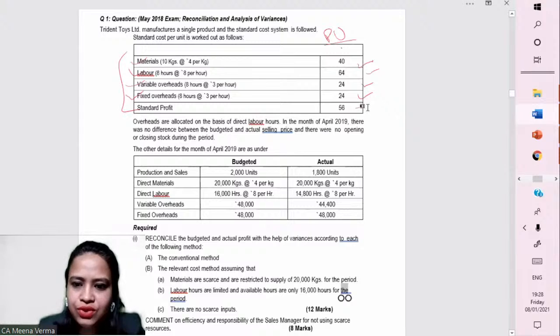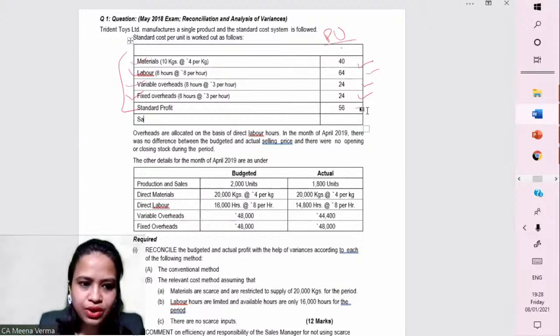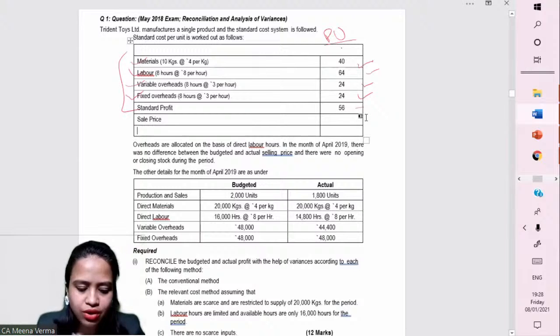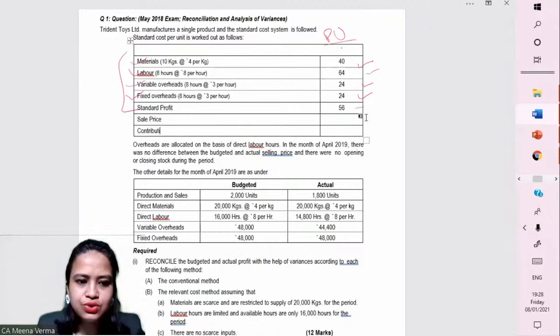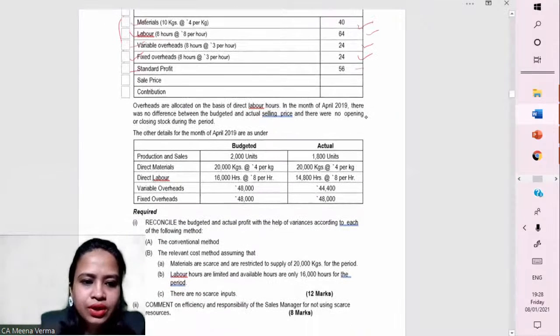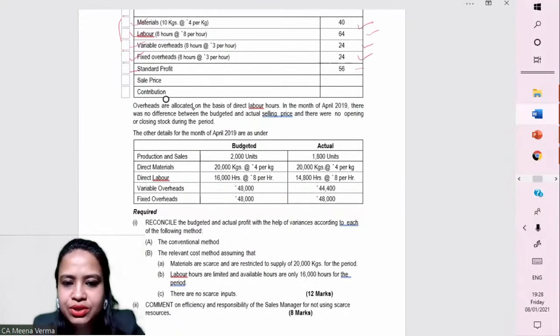So if we consider this, you can easily find the sale price. It is very easy for you to calculate the sale price at this place. And in case we need contribution, it is easy for us to calculate that as well. Overheads are allocated on the basis of direct labor hours.